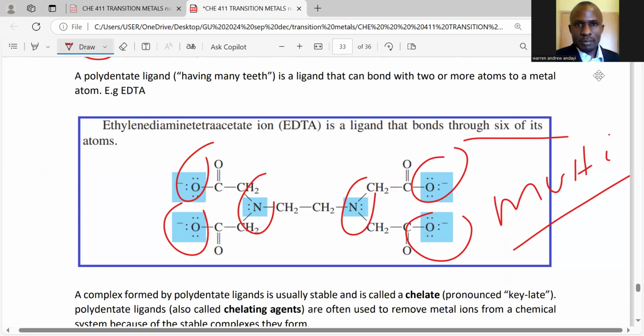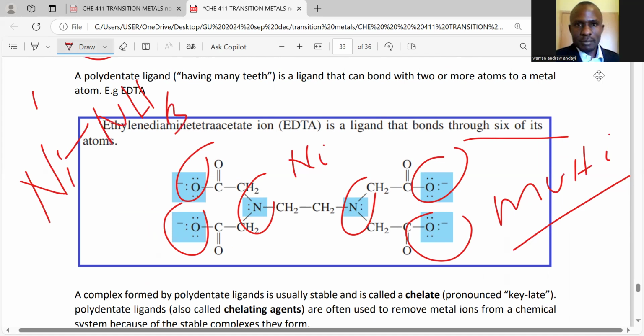So if I put here, for example, nickel, imagine it will all grab one nickel in one go. It's one thing grabbing one nickel very strongly. So such complexes are very stable compared to nickel that is grabbed by 6 ammonia.